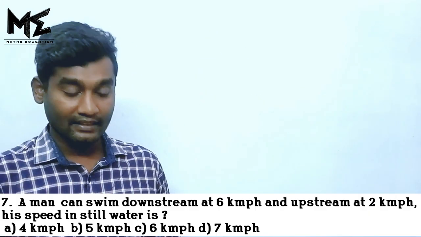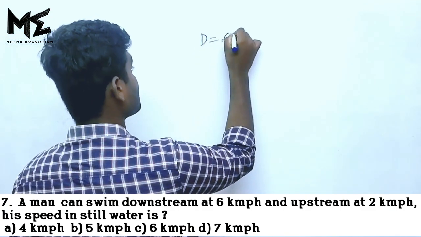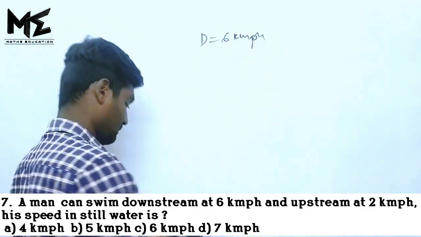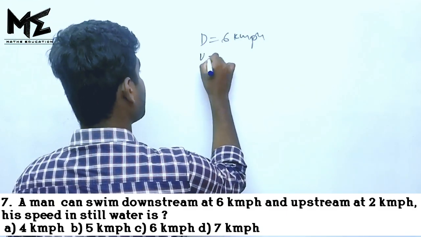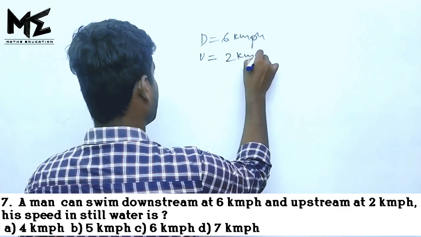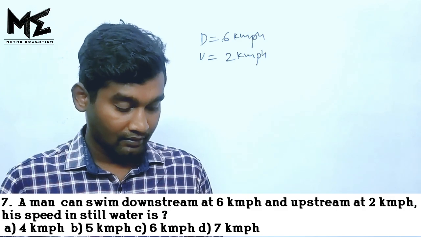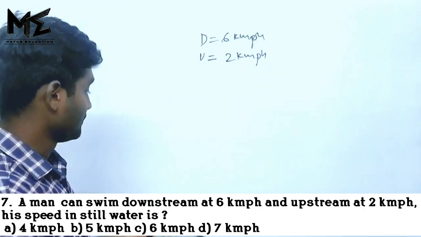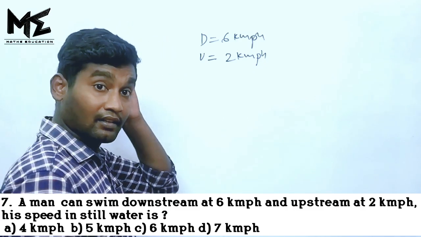If a man can swim, we have downstream at 6 kilometer per hour and upstream at 2 kilometer per hour. His speed in still water. So we need to find his speed.